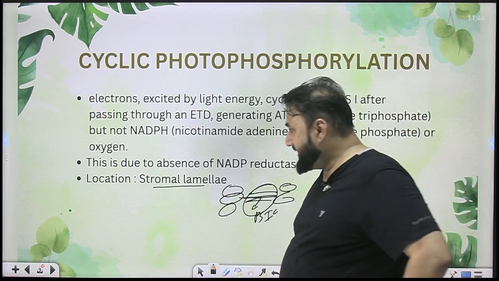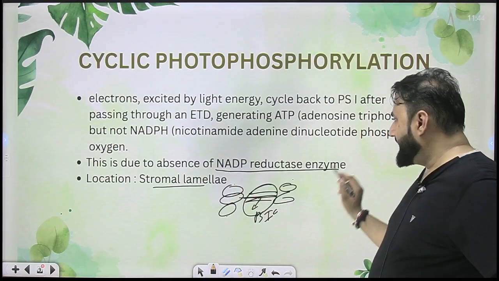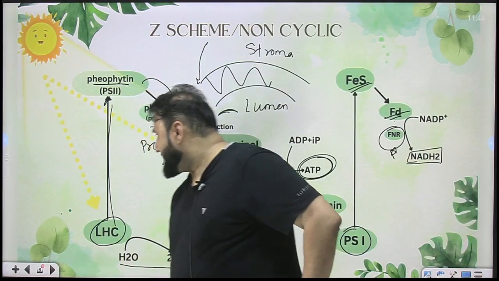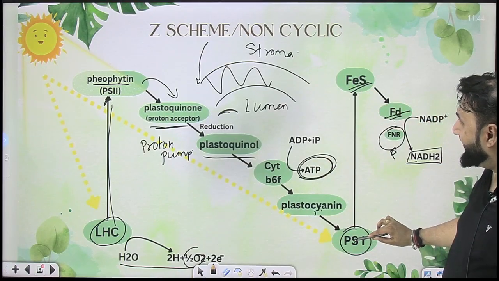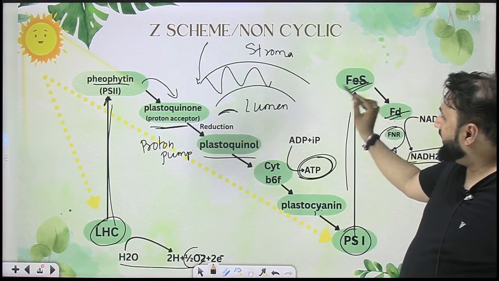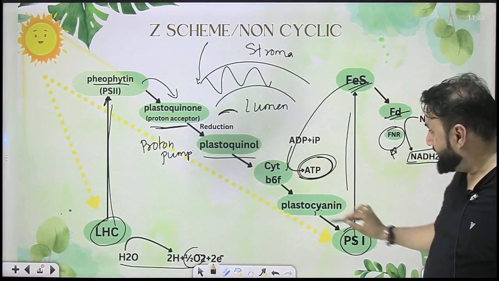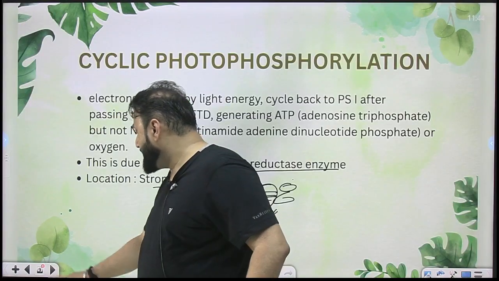Here PS1 is present, but NADP reductase is absent. If the light is coming, this PS1 would get excited. Rather than giving it to NADP reductase, it goes back to form an ATP molecule. This is your cyclic reaction.